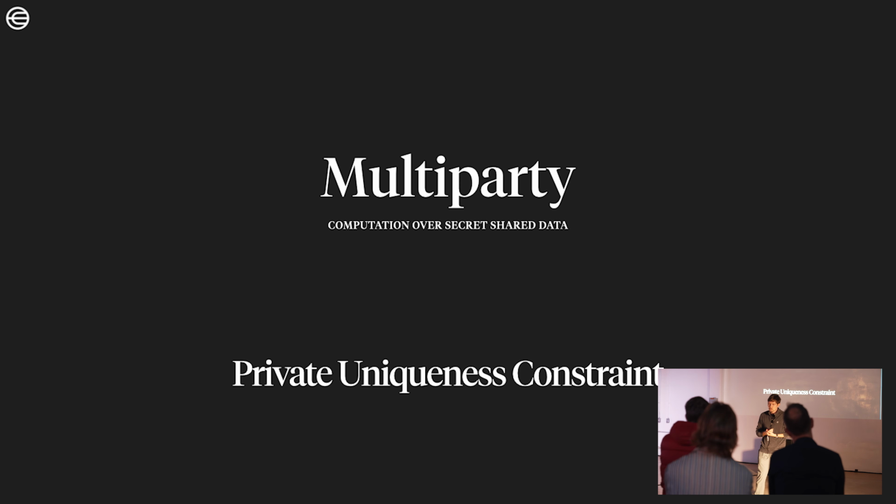Now, what do we do with that? We now have these iris codes secret shared in a way that we can do arbitrary computation on them without anyone learning anything about them. And we run this large arithmetic circuit that matches the incoming iris code against all the ones that have been submitted before.